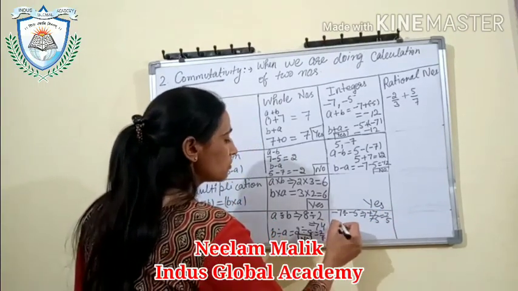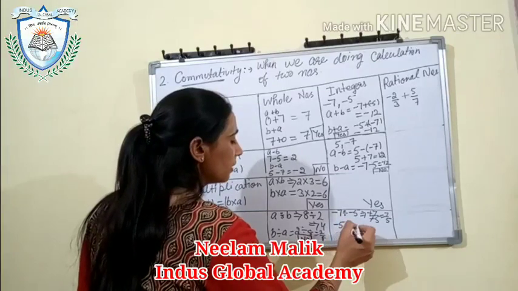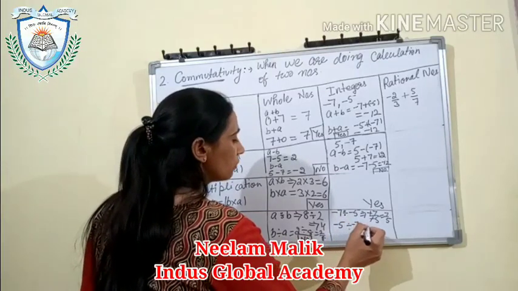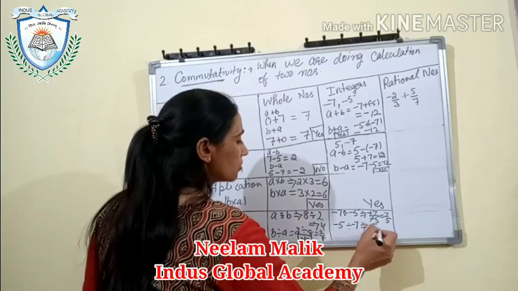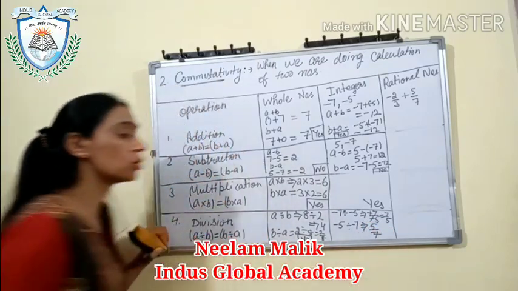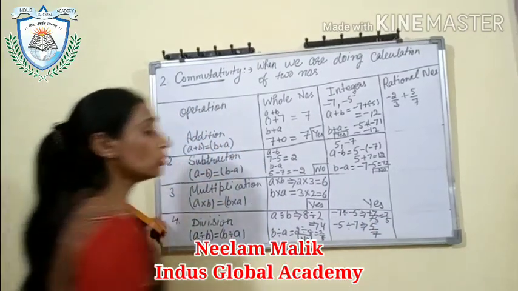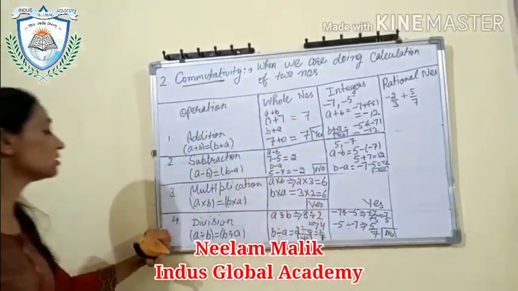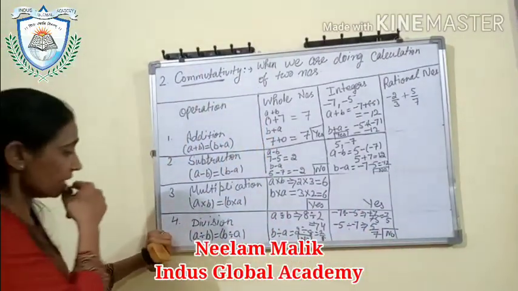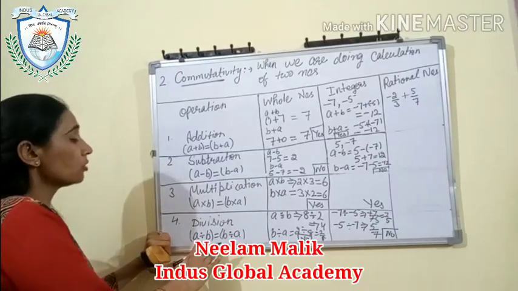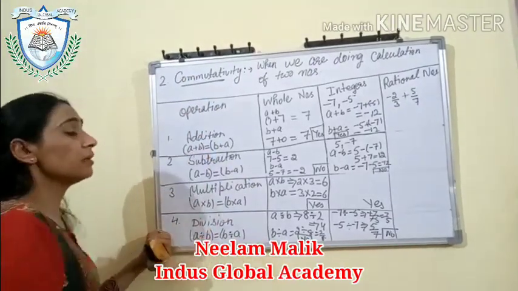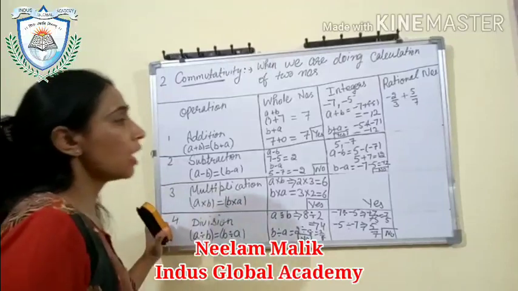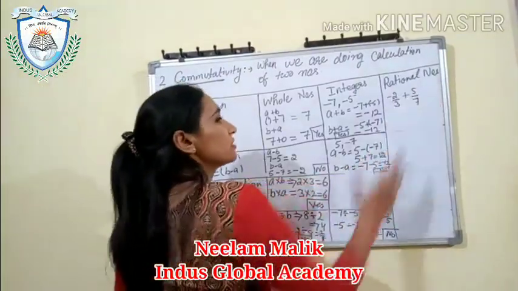The reverse of this is minus 5 divided by minus 7, that will be 5 upon 7. Both are not the same, so here we will say no. That means integers are not commutative under division.